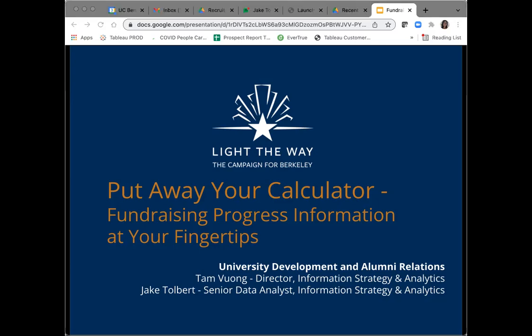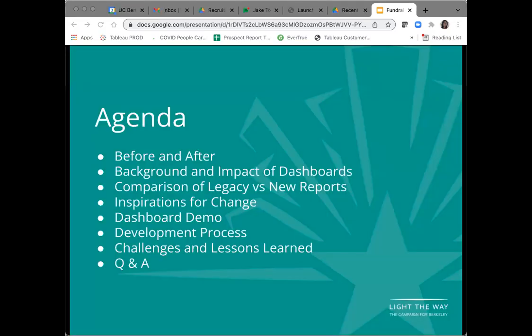So let's get into the agenda here. I won't say all of it, but ultimately we're going to be looking at some before and after, talk about backgrounds and purpose of the reports, dig into a little bit of details about what they are and what's behind them, and then talk about why we thought we needed these changes. Then we'll get to the demo, the good stuff will come in the middle.